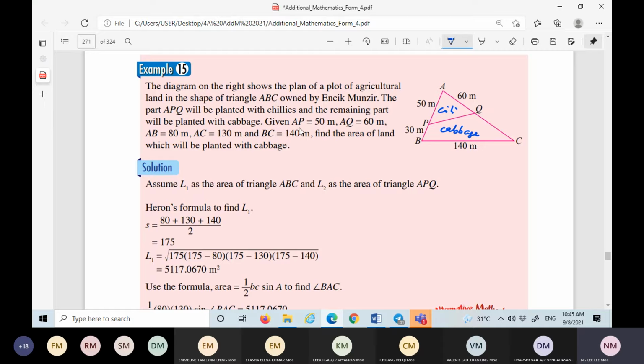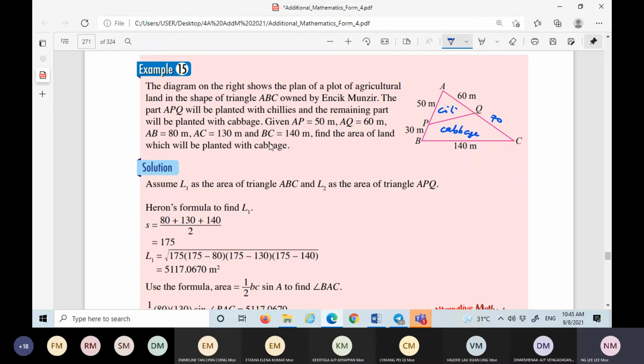Given the lengths AP 50, AQ 60, AB 80, so here 50, here 30, all labeled in the diagram already. AC 130, minus this 60, I still have a balance of 70 here. BC 140.